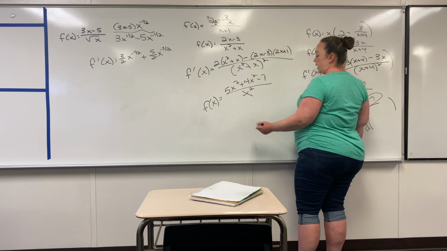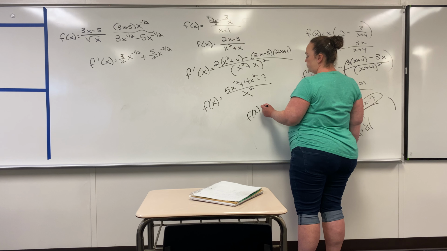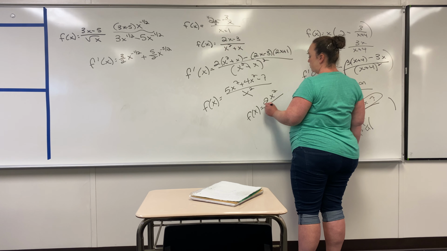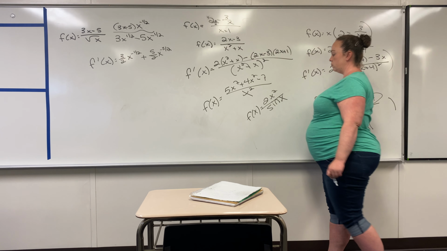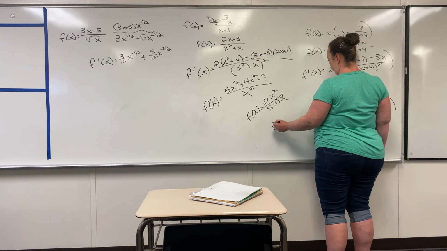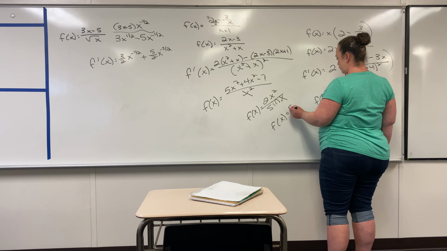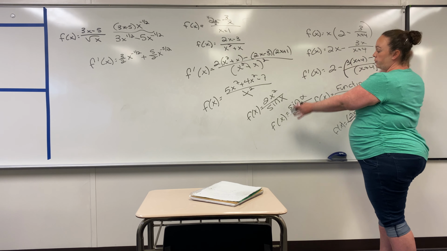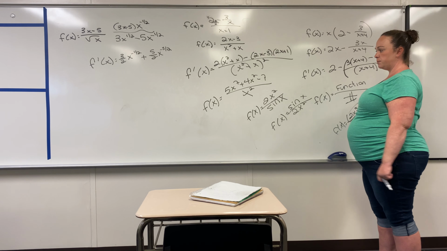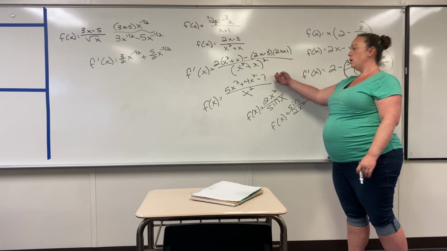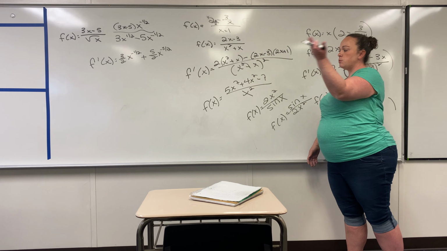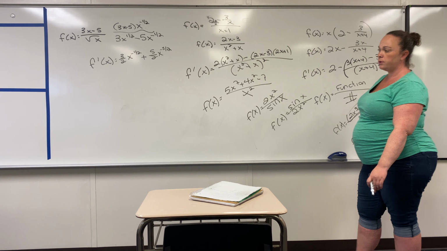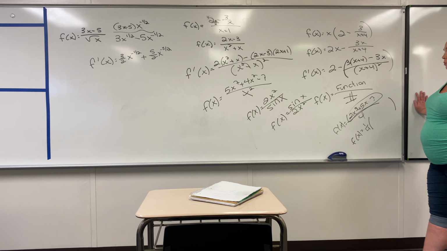If it was something like this, or the flipped over version of this, that you can simplify. You just have to do quotient rule with those types of things. Okay, but basic polynomials over x's, you need to put them each over the x squared individually like we did before and deal with it as a sum or difference problem. Same thing for this. And that's it.